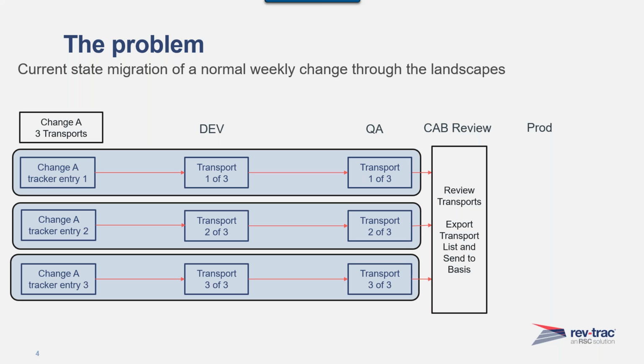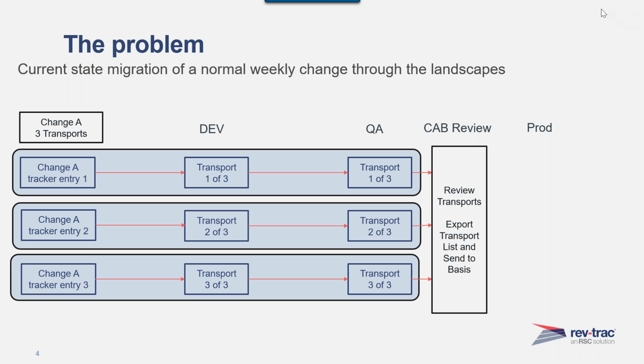In our old process, as these things would migrate from dev to queue and then on into prod, there was a stopping point right when everything got to QA for a CAB review, which is our change advisory board.